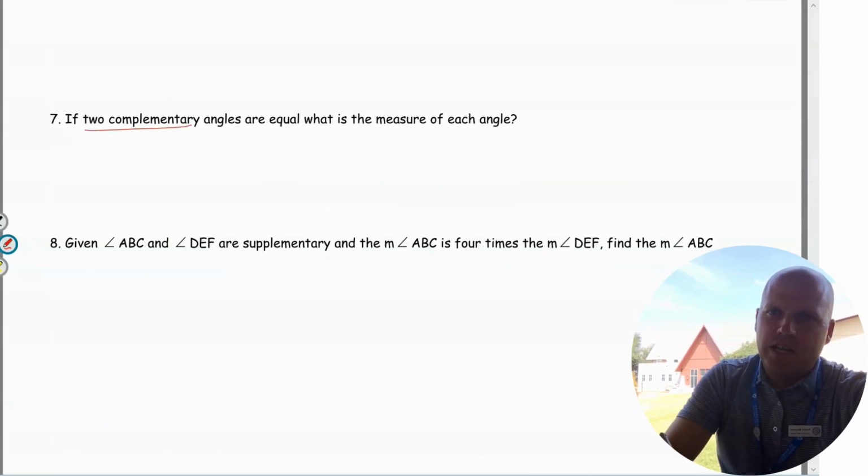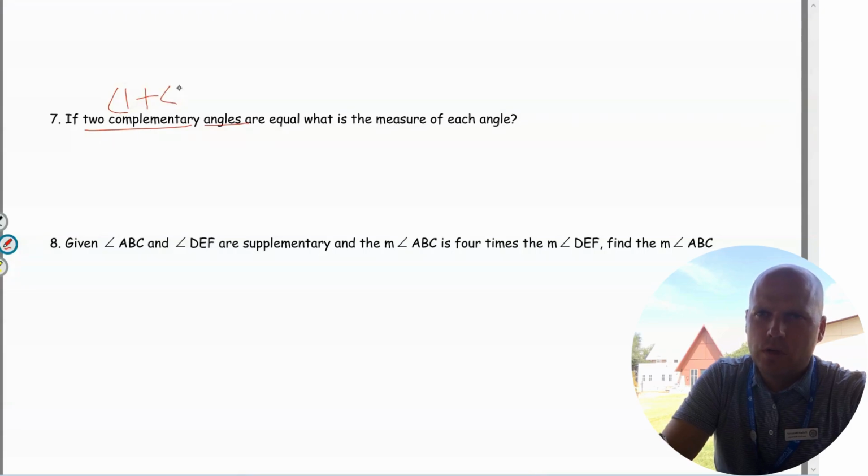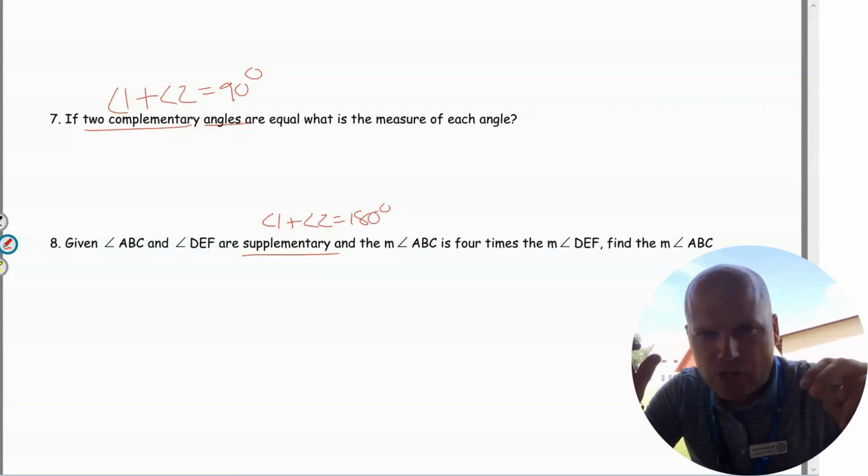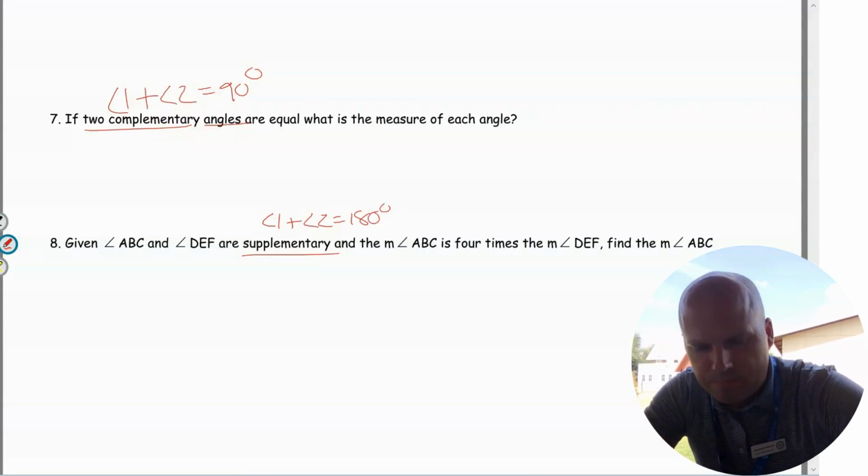Two complementary angles add up to 90. Two supplementary angles add up to 180. If you know that, you know pretty much the geometric terms for today's lesson, but we need to be ready to set up equations that we have to solve.